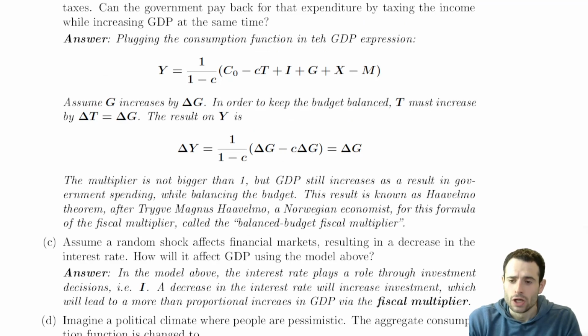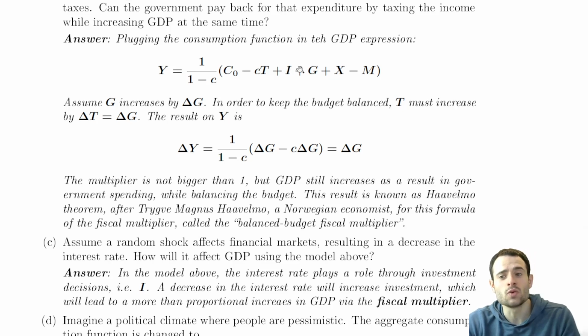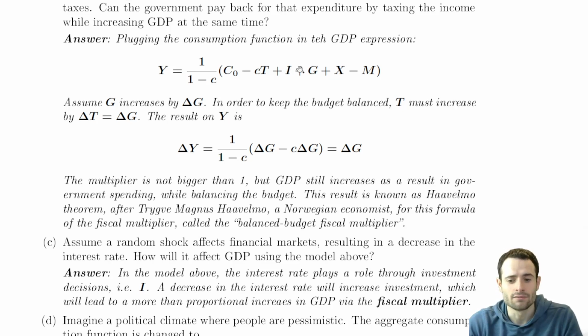If the interest rate decreases, we will see most likely an increase in investment. And if everything else is kept constant, then you can imagine that I will increase by delta I. And again, using the fiscal multiplier, we will get a proportional increase in GDP.